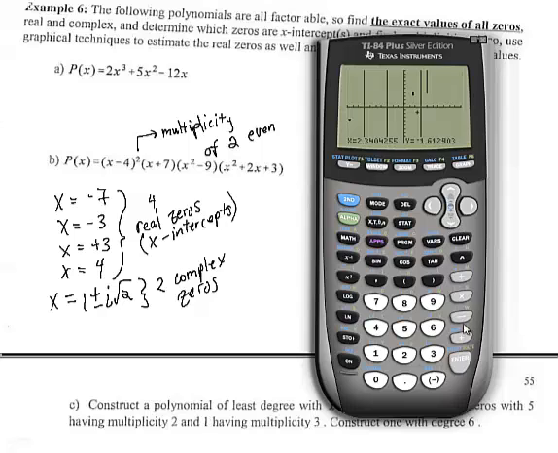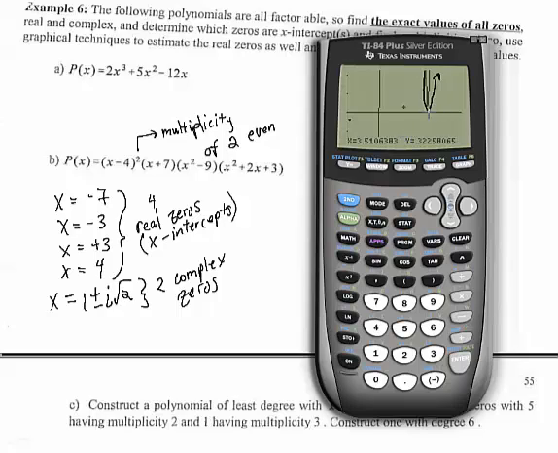Here's my cursor, and I'm going to draw a box around x equals 3 and x equals 4. And so you can actually see the turning point. It comes down from left to right, and then it just barely touches the x-axis, and then it shoots back up towards the right.